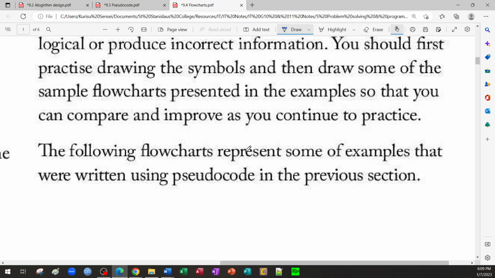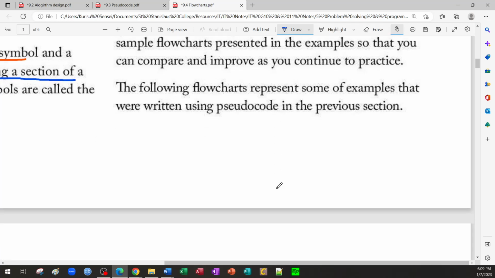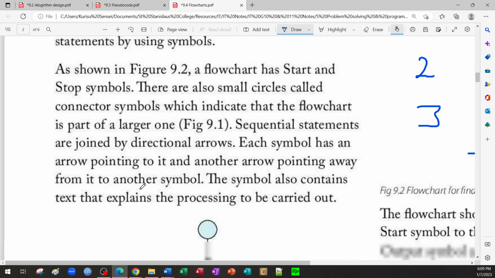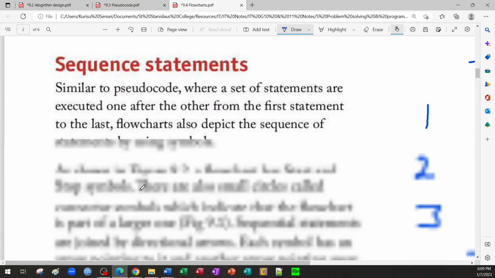The following flowcharts represent some of the examples that were written using pseudocode in the previous sections. So they basically took the pseudocode that we already went through and they created examples of those flowcharts.